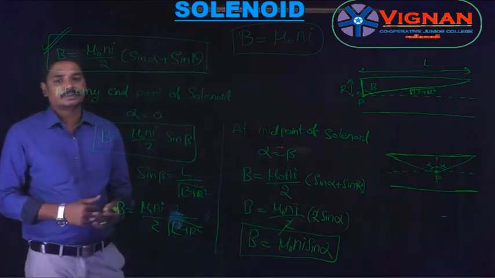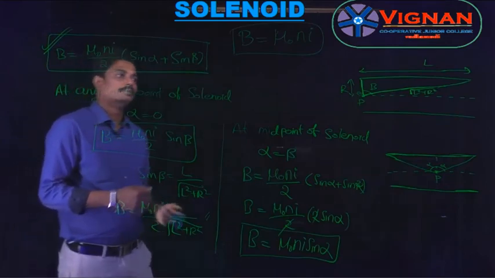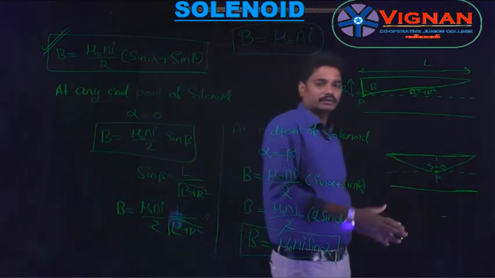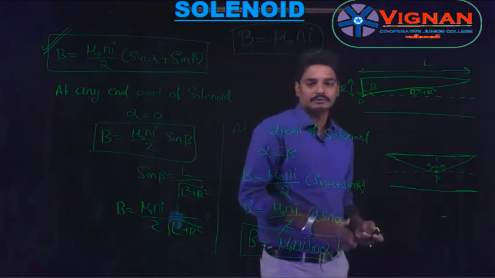From all these expressions, let us draw a graph between the strength of the magnetic field and the point where P is located.